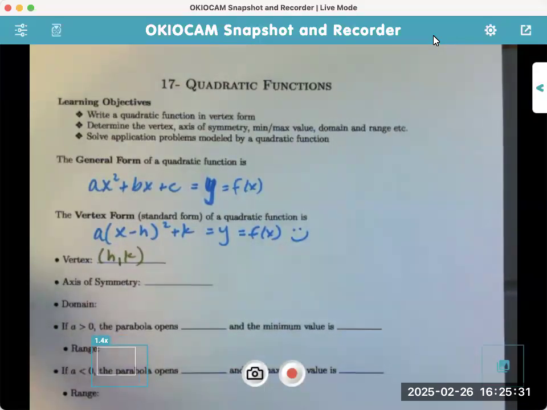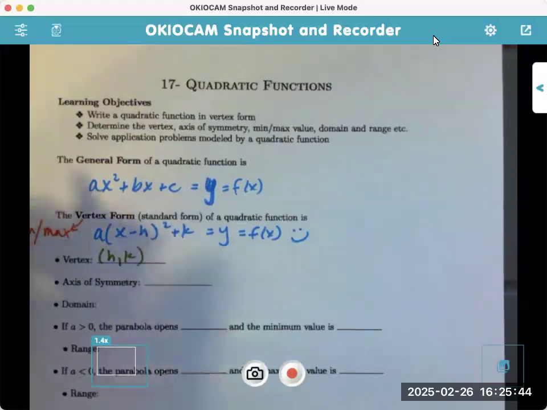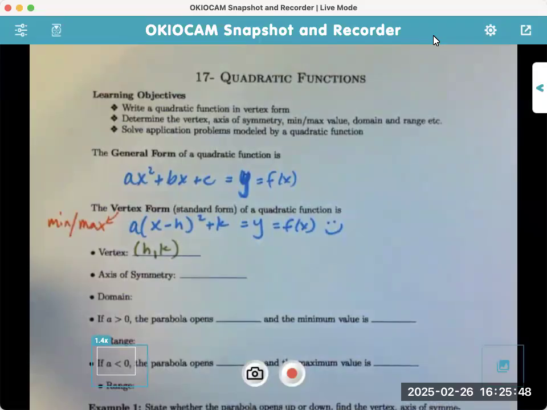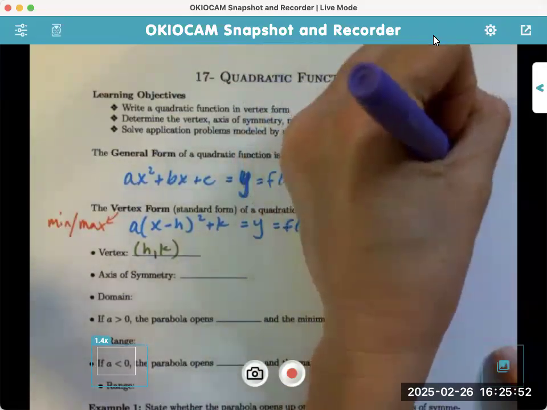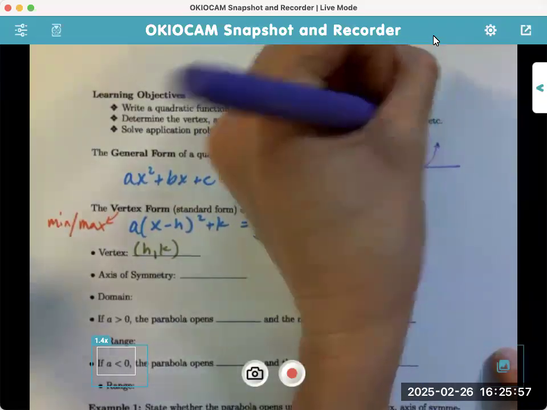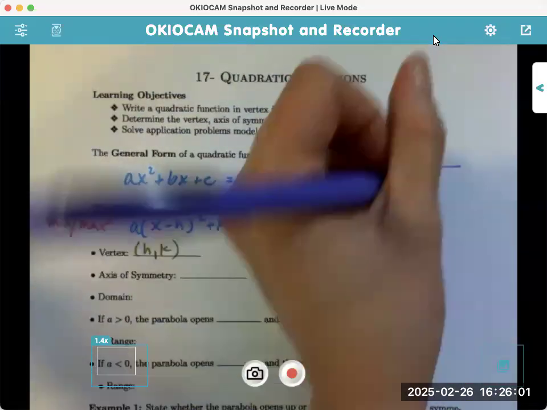So a few background facts. The vertex is the min or max of the parabola. I should scoot this over so you can see. If I'm a quadratic that opens up, let's say y equals x squared, my min is my vertex.